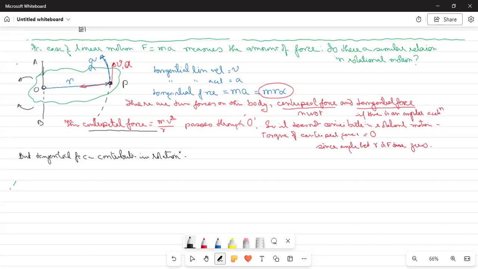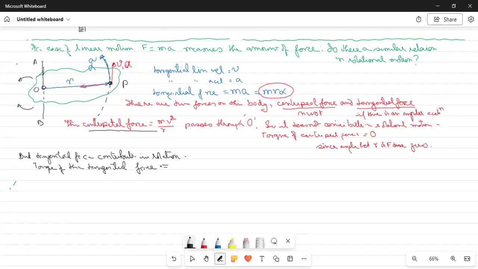If the tangential force contributes in rotation, we should measure its torque. So, torque of the tangential force.